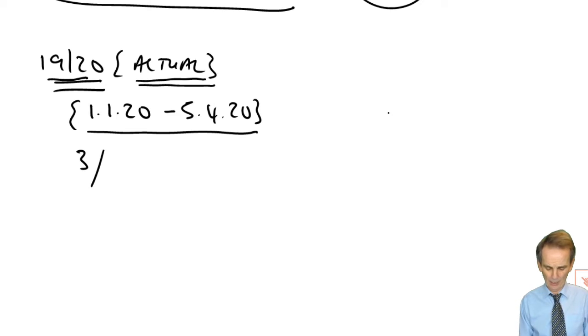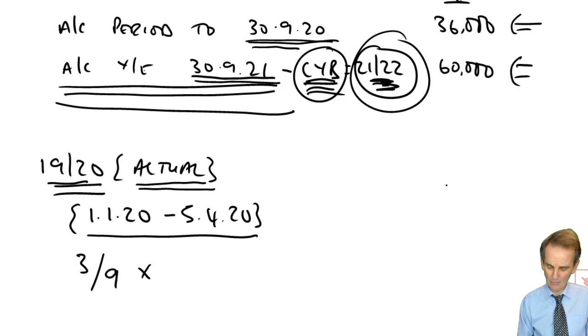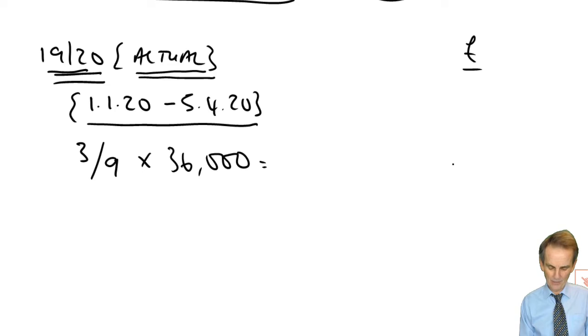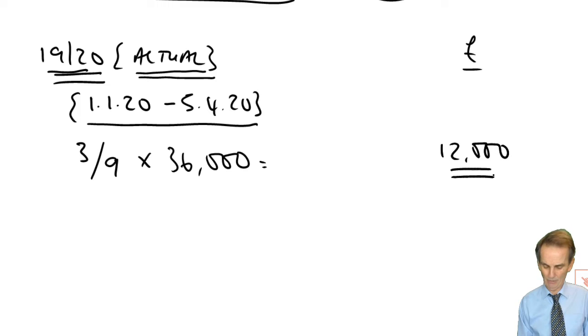How long was that opening period? It was 9 months. What was the profit for that period? That was £36,000. 3/9 of £36,000 will equal, what will that assessment be? 3/9 of 36 is a third of 36, so that's going to be £12,000.